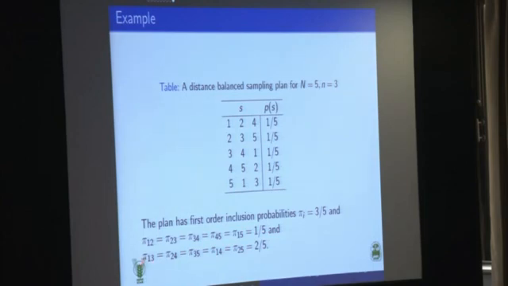And for the pairs of units at more than distance 1, say distance 2 maximum, because it is 5, so the maximum distance can be 5 upon 2 in absolute value, so it is 2, that will be 2 by 5. So increasing the distance between the units gives more inclusion probability to the pairs of units. That is the main property of this plan.